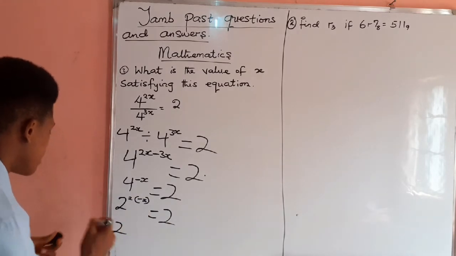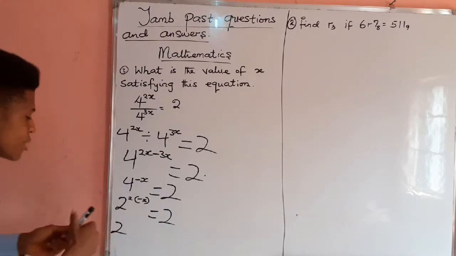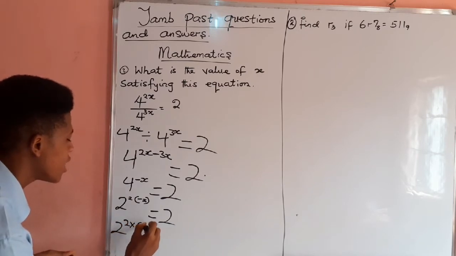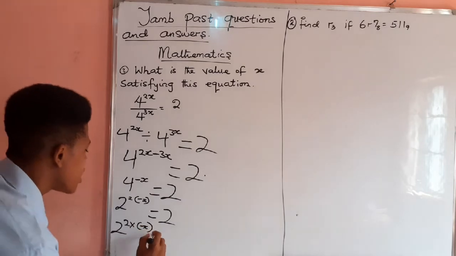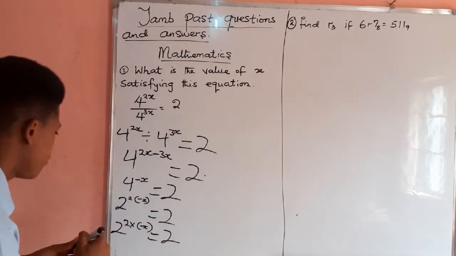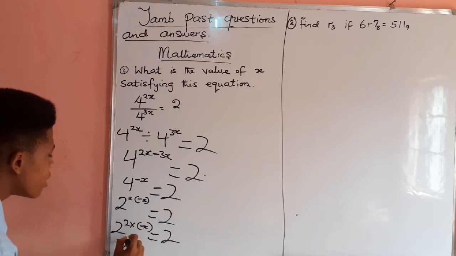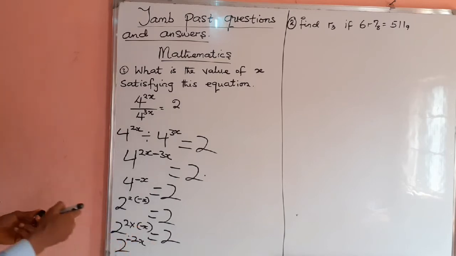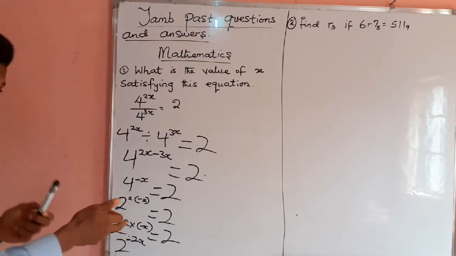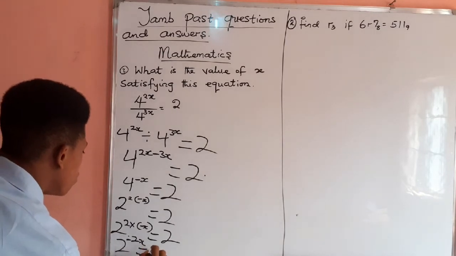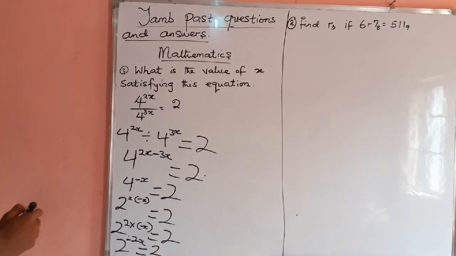This is the same thing as writing 2 times minus x. 2 times minus x is 2 raised to the power minus 2x, because 2 times x normally gives us 2x, but 2 times minus x gives us minus 2x, which is equals to 2.